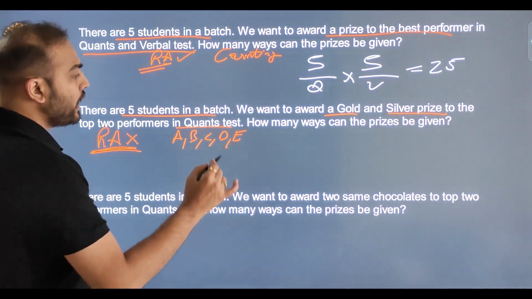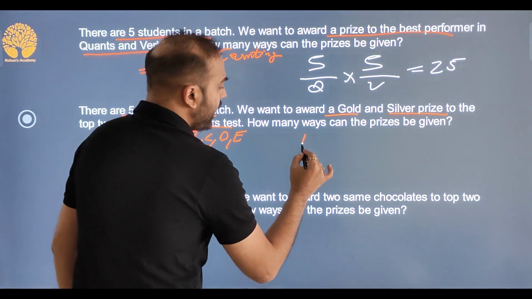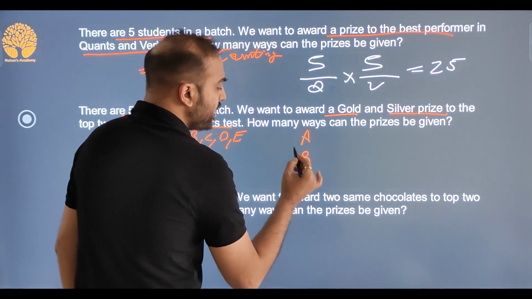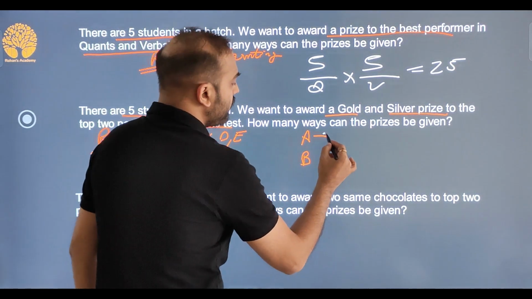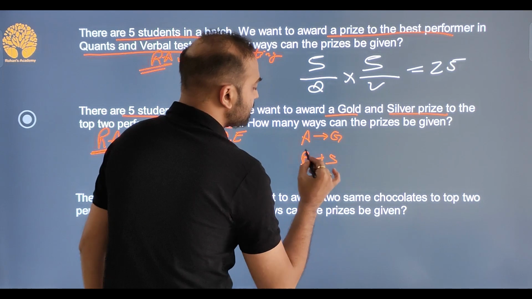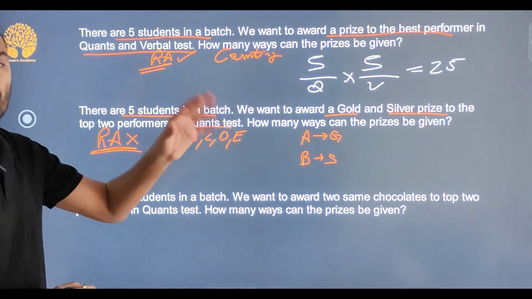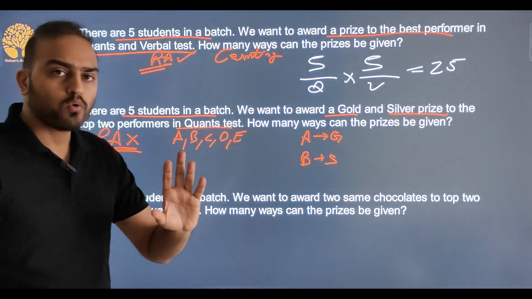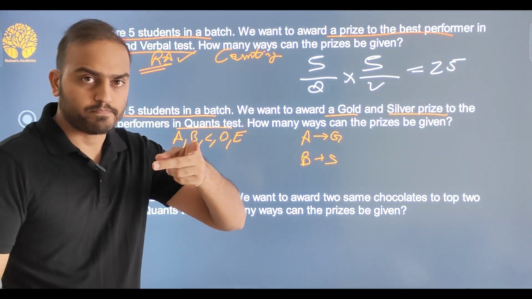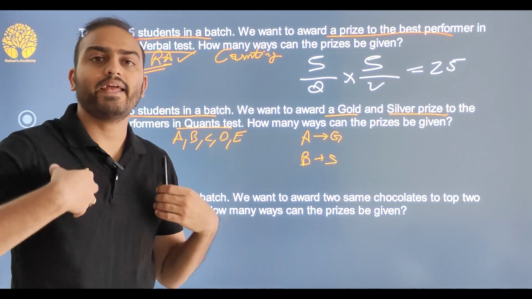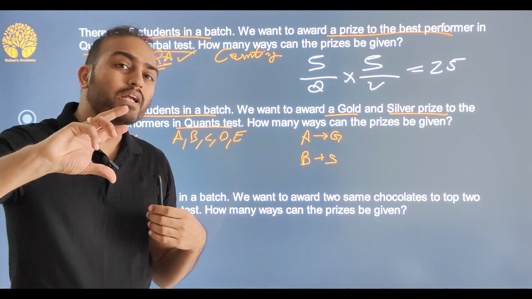Scenario number 1, A gets gold, B gets silver, C and D don't get anything. Now if I interchange, say you get gold, I get silver. Now let's interchange.